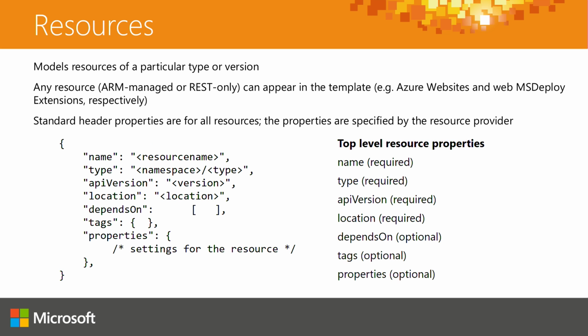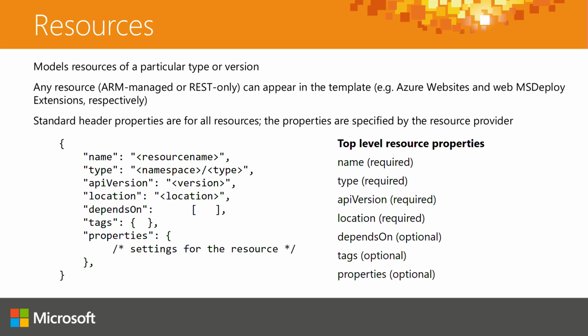Resources. These are the models of the things you're creating in Azure. Now, all the stuff outside properties is metadata for ARM. That's for the resource manager to know about what the resource is all about. Inside the properties, those are resource provider specific details. I was using storage as an example. So we have different storage SKUs like standard, premium, geo-redundant, and so on.